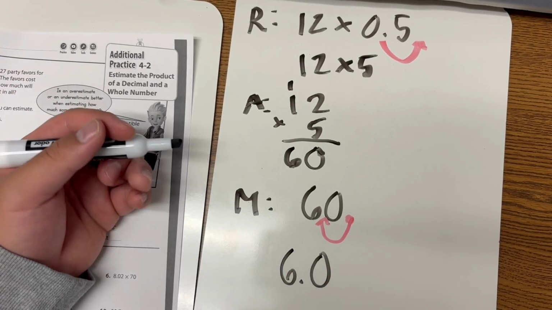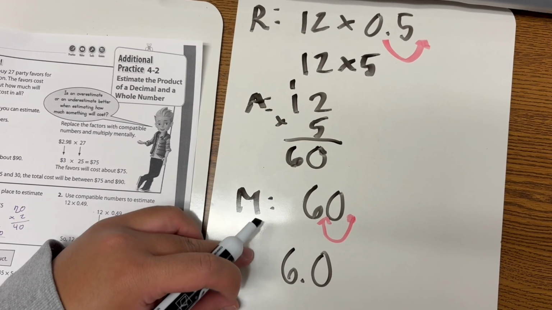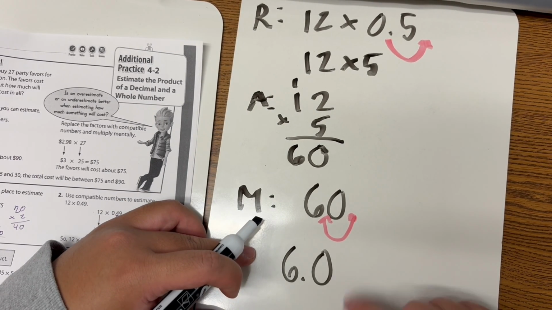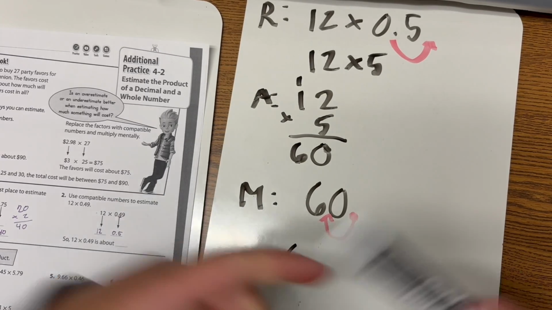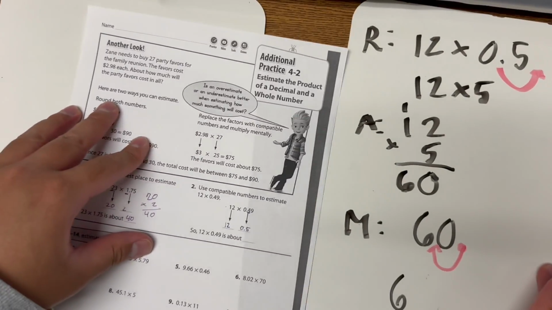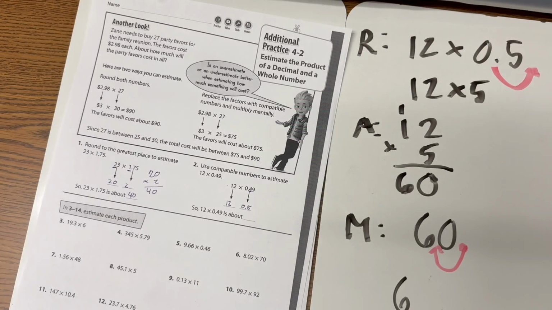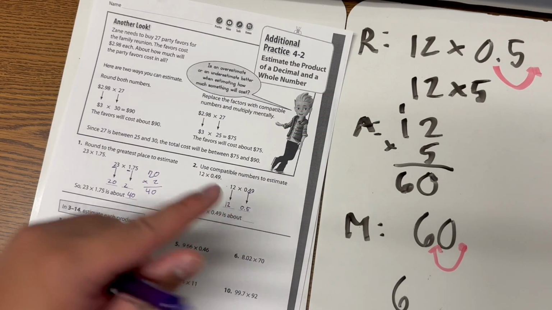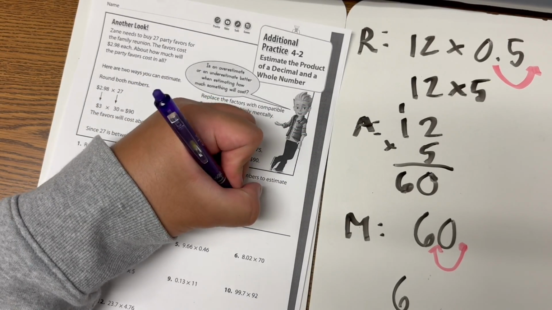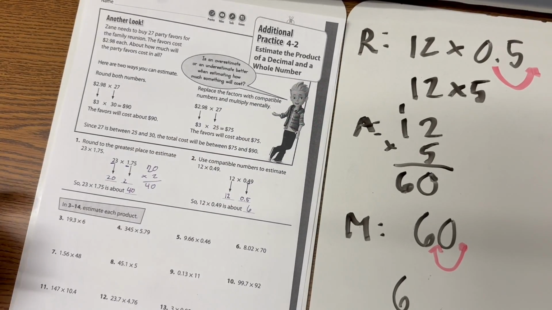But as I said, any number after a decimal point, if it's a 0, doesn't matter, so we can get rid of it. So 12 times 49/100 is about 6.